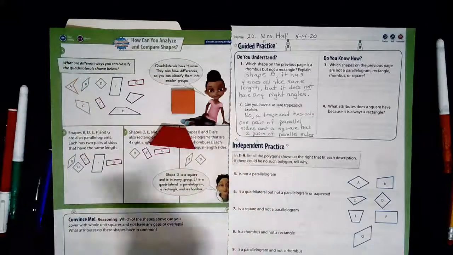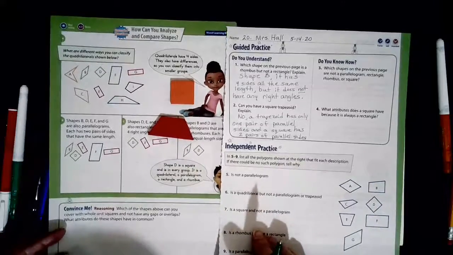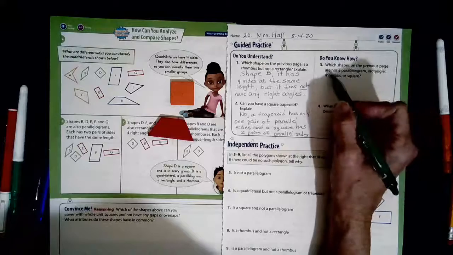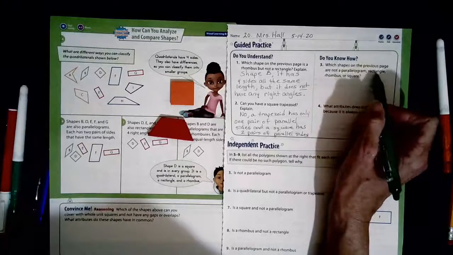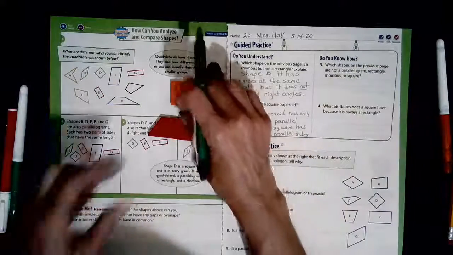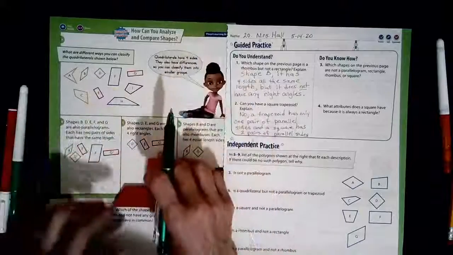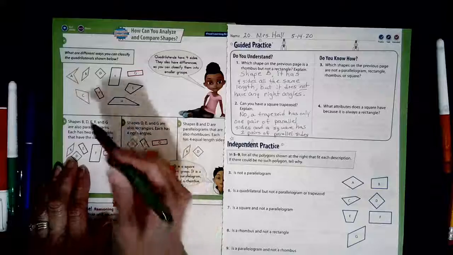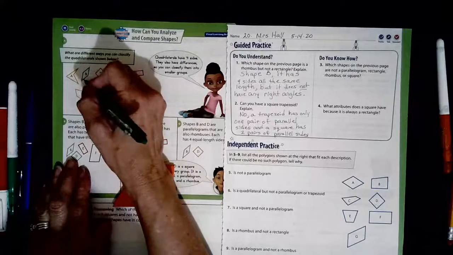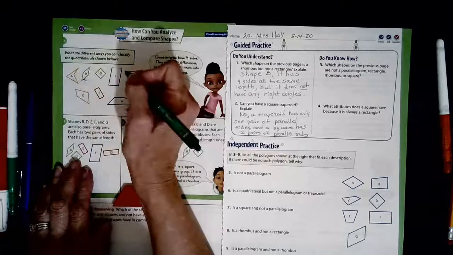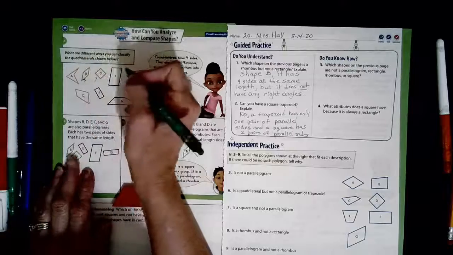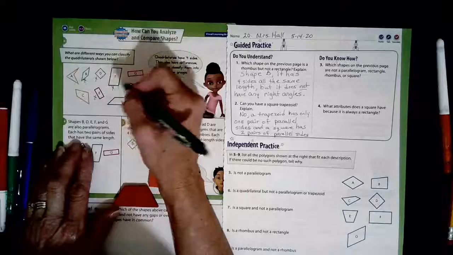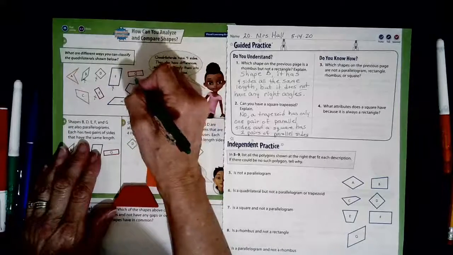only have one set. So number 3, which shapes on the previous page are not a parallelogram, rectangle, rhombus, or square? So we know that B is a parallelogram, D is a parallelogram, E is a parallelogram, F is a parallelogram, G is a parallelogram.